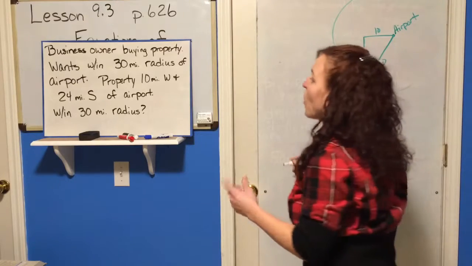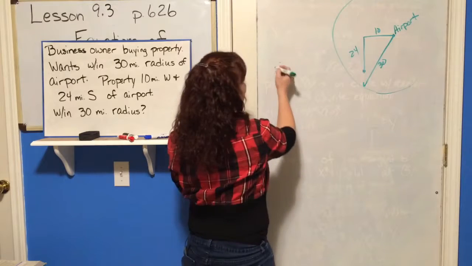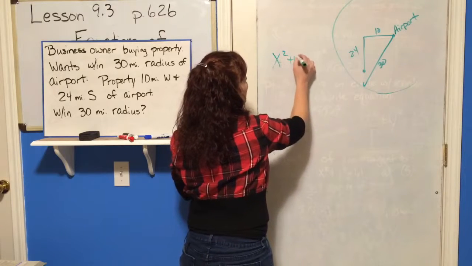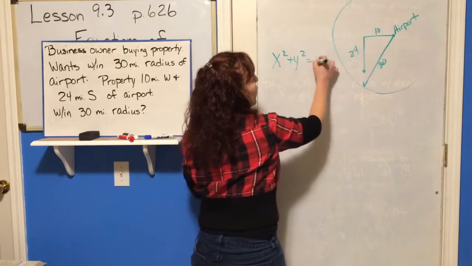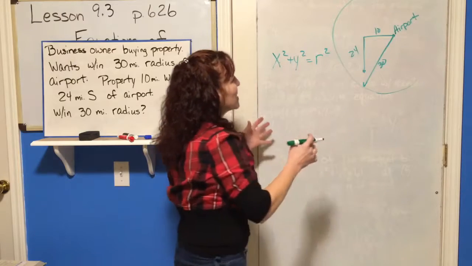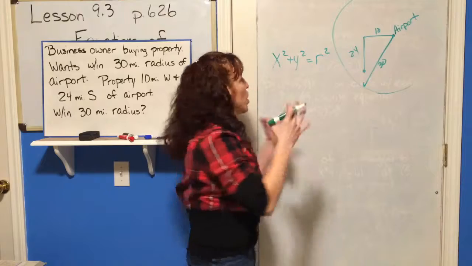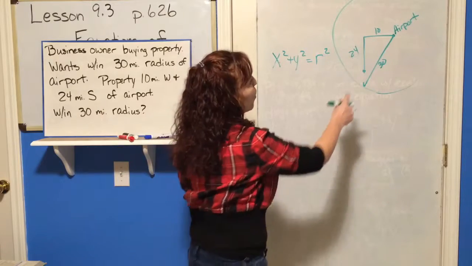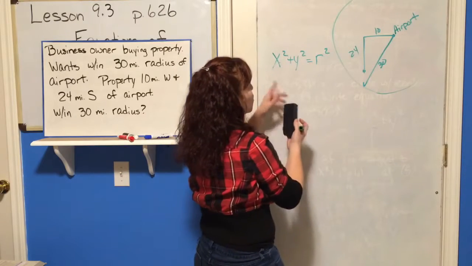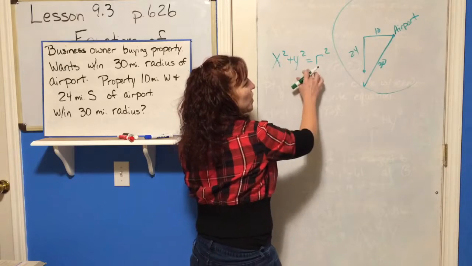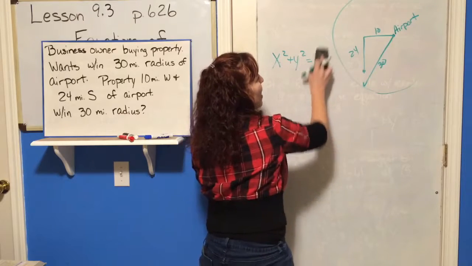All right, so what we need to do is this. We've got x squared plus y squared equals radius squared as our equation of our circle. So we want to make sure that this x squared plus y squared is within 30 miles.